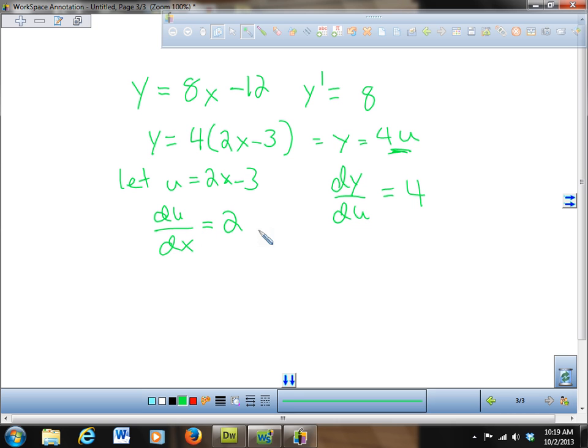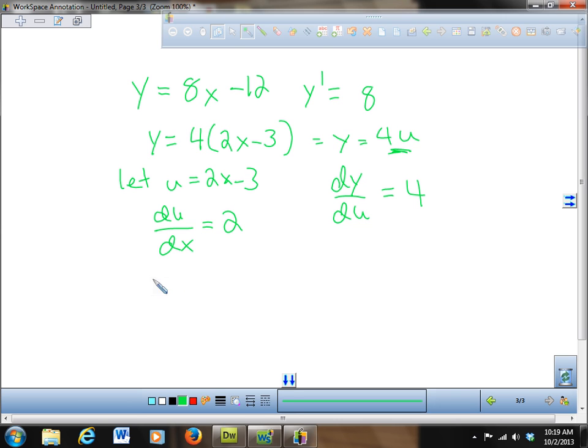What do I get if I multiply 2 times 4 together? 8. For this one, you wouldn't want to do it this way. It's just to illustrate a point, okay?